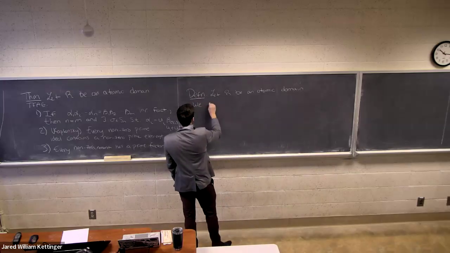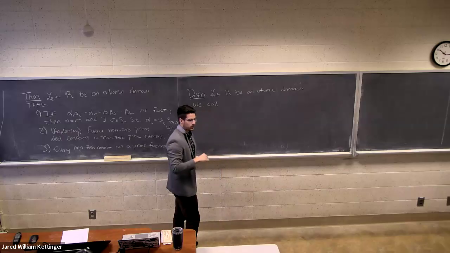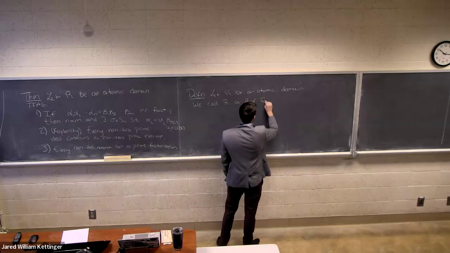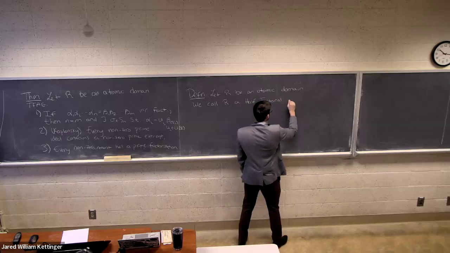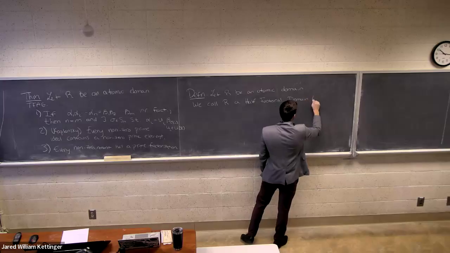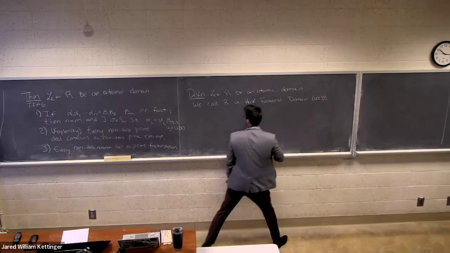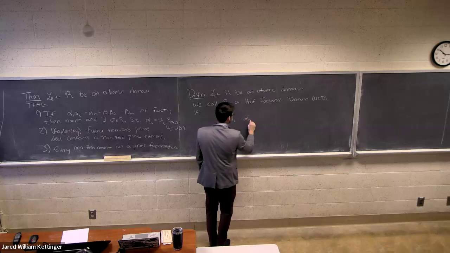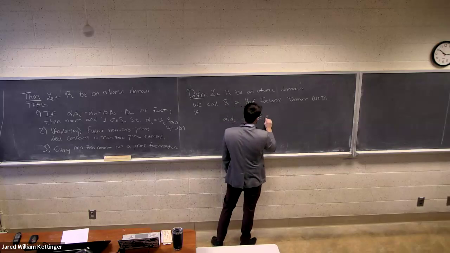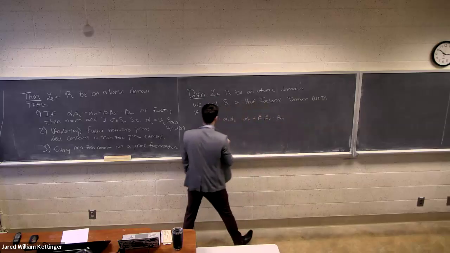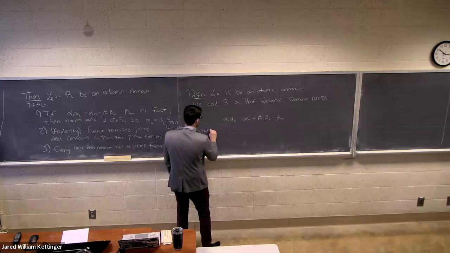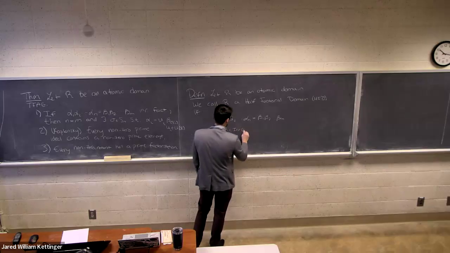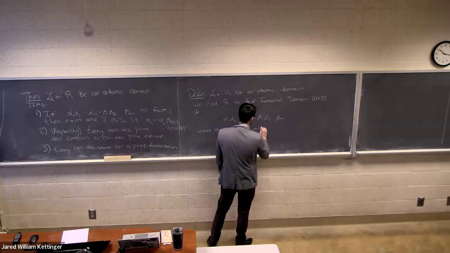Then we're going to call R a half factorial domain, which from now on I'll refer to as an HFD, if alpha_1 through alpha_n equals beta_1 through beta_m, where these are all irreducibles, of course, implies n equals m.